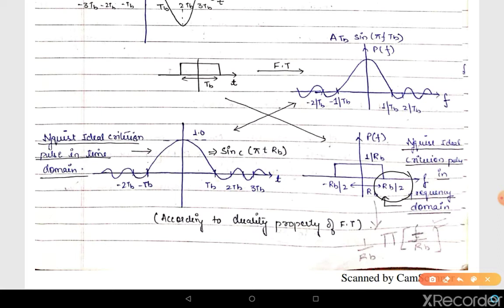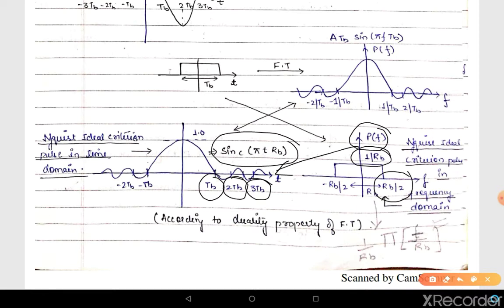If I take the inverse Fourier transform of this pulse, that is P(f), then I will get this pulse, that is sinc(pi t RB), with zero crossings at TB, 2TB, 3TB. And since I have taken the height as 1 by RB, the height would be 1.